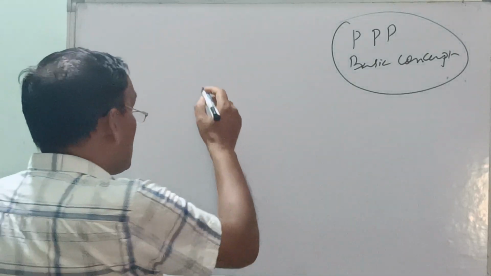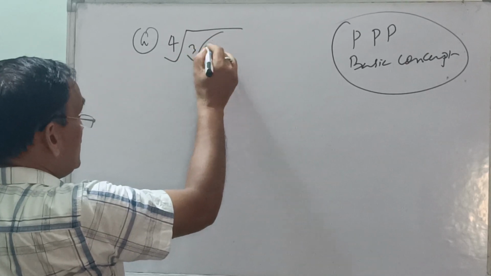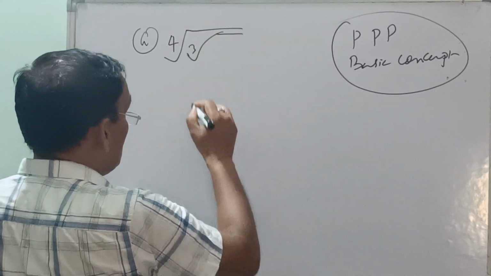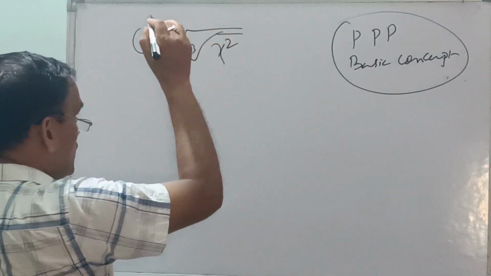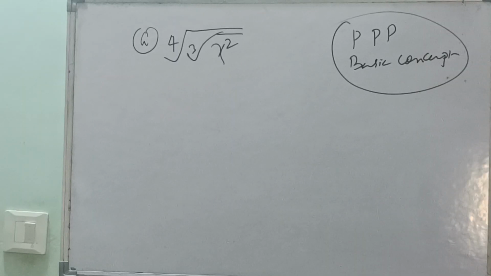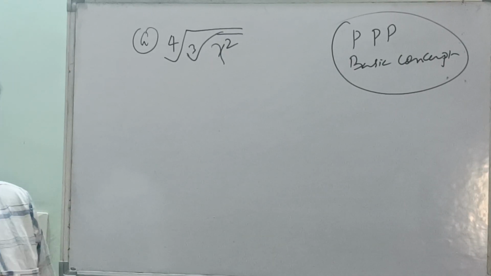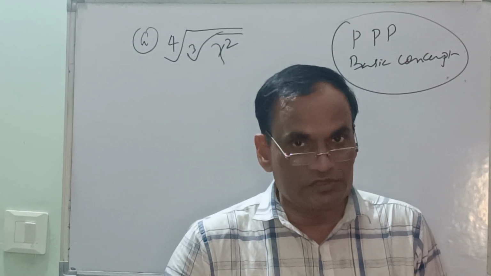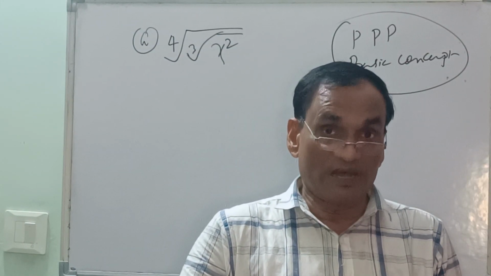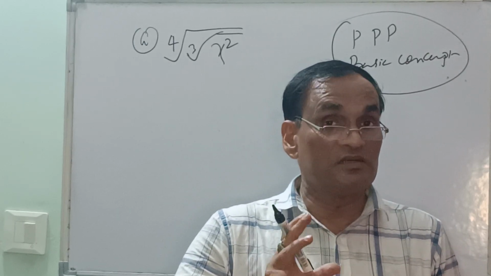Now, another question. 4 root under, again another root, 3 under, again there is an x square. How are you going to solve this question? Gentlemen, I have decided I will take such examples, such questions which will clear your doubts. And this is my principle, that I won't leave any stone unturned.